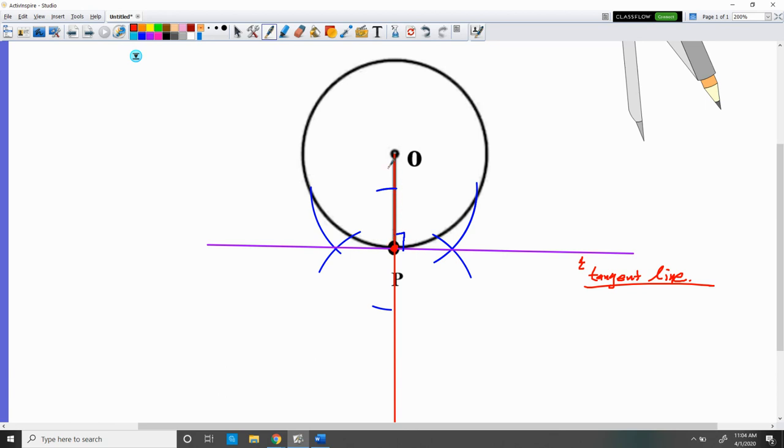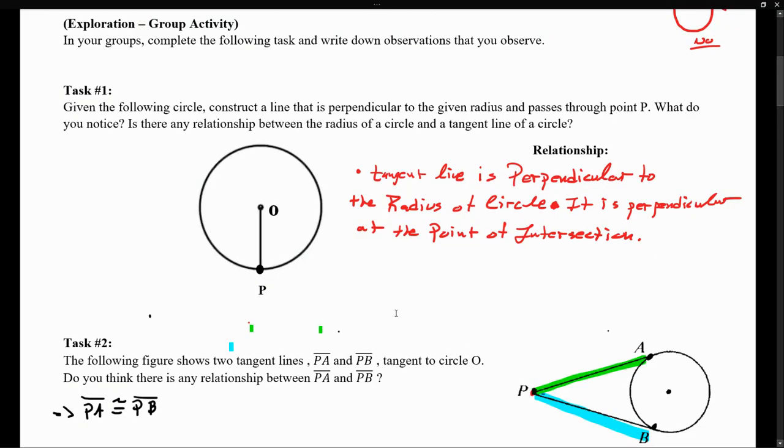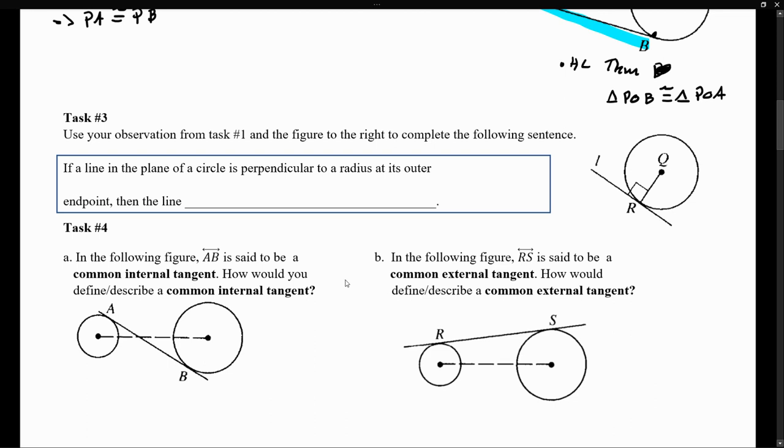So if you have a line that is perpendicular to the radius, then it must be a tangent line. Then the line is tangent to the circle.